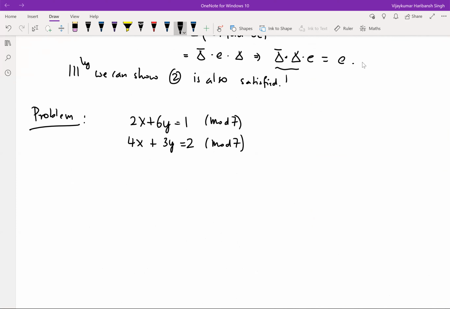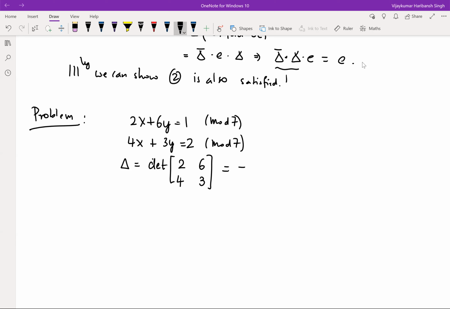So in this case, what is our delta? Delta is basically the determinant of 2, 4, 6, 3, which is going to be 6 minus 24. So 6 minus 24 is minus 18.